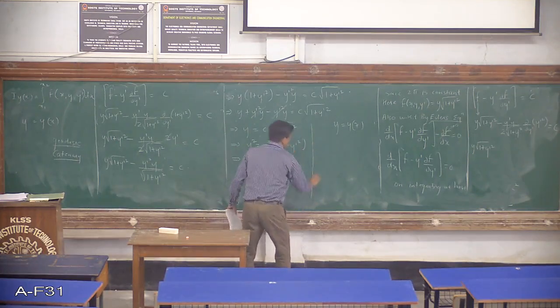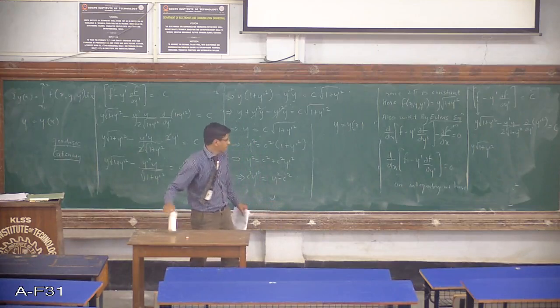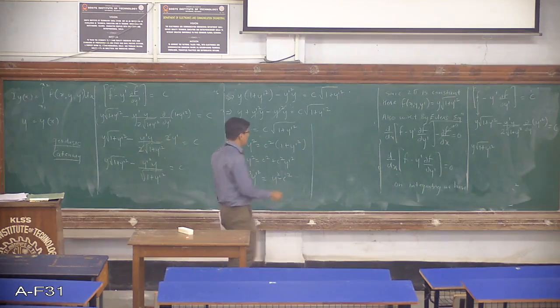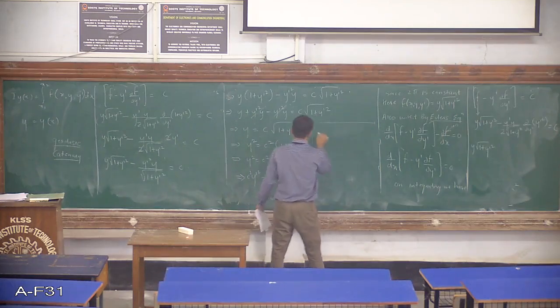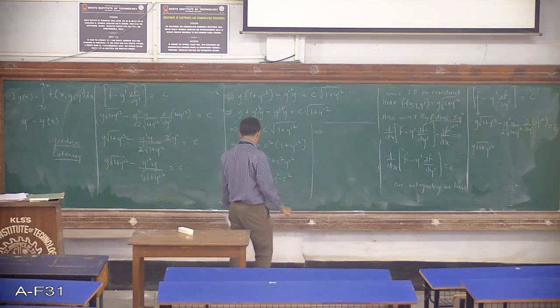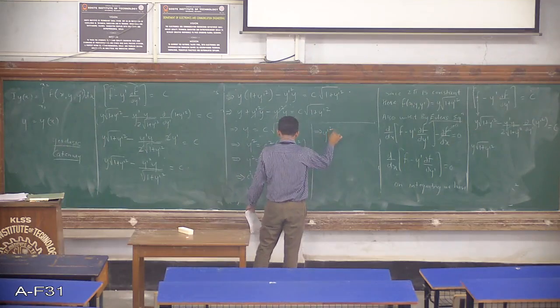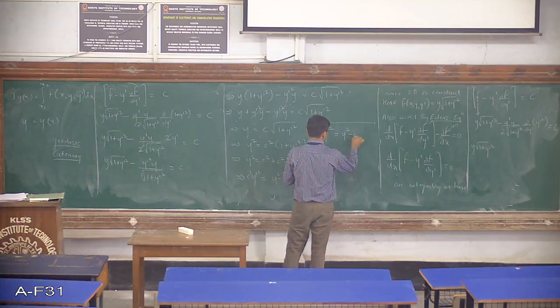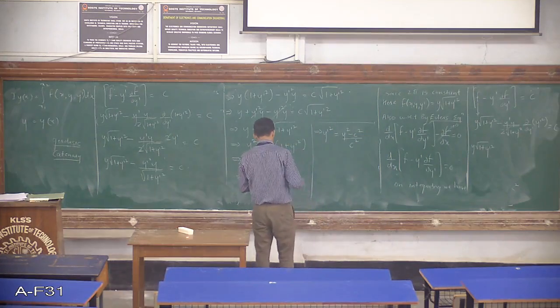So I am going to continue here. The simplification part you can do as per your convenience; I am doing it step by step. y prime square is equal to y square minus c square divided by c square, fine.